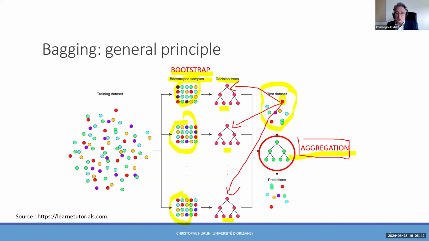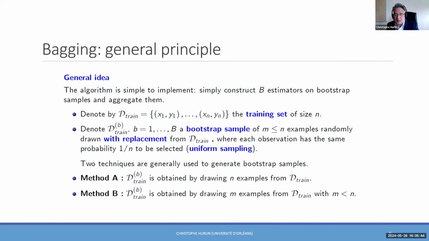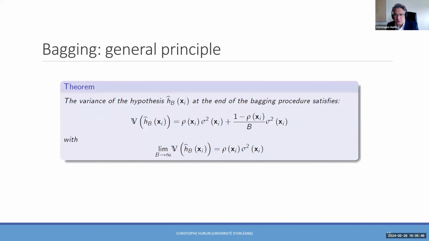The main result is this idea of reduction of the variance. The main theorem that justifies the use of bagging is the following. The variance of your bagged model corresponds, when B is large, to the variance of your initial model, for instance the decision tree, times the correlation between the different decision trees trained on the different bootstrap samples.